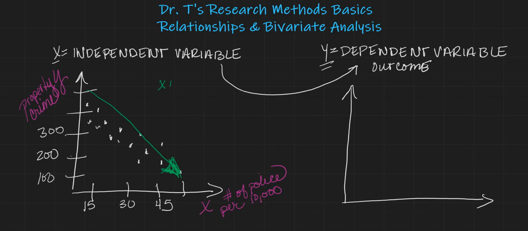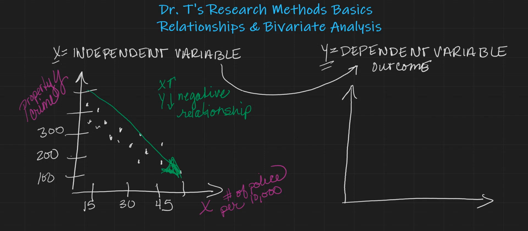Our X is increasing as our Y is decreasing. This is a negative relationship. But it sounds positive, doesn't it? Because crime is going down. Well, in statistics, when one variable moves one direction and the other moves in the opposite, it's a negative relationship, no matter how good it is for the city.